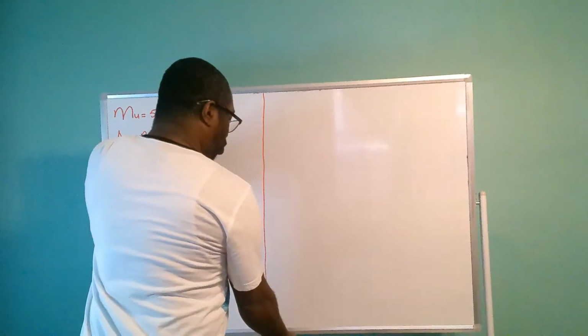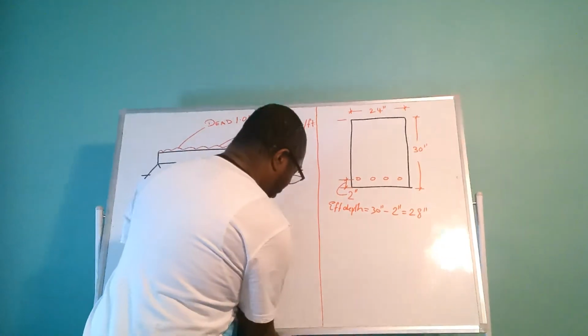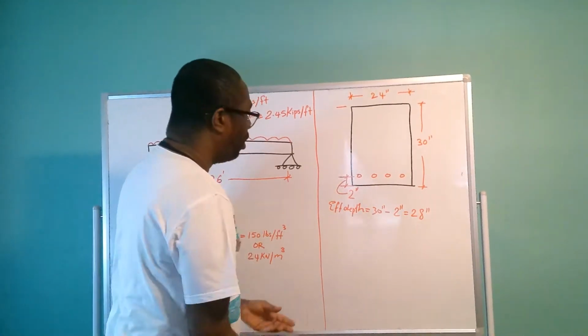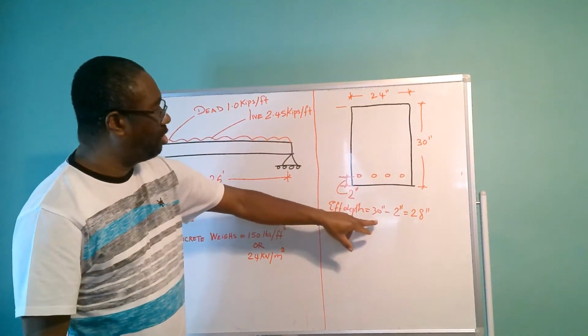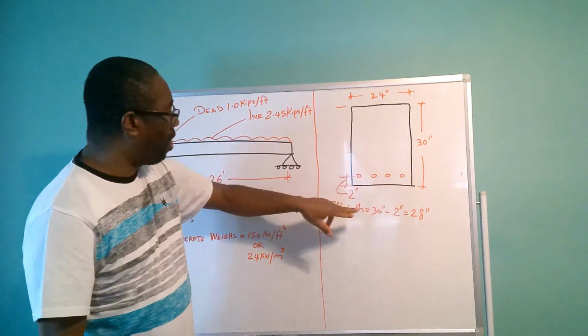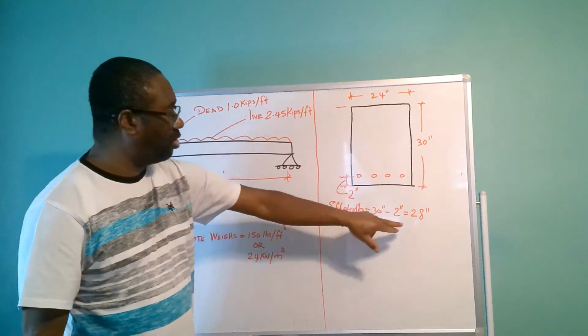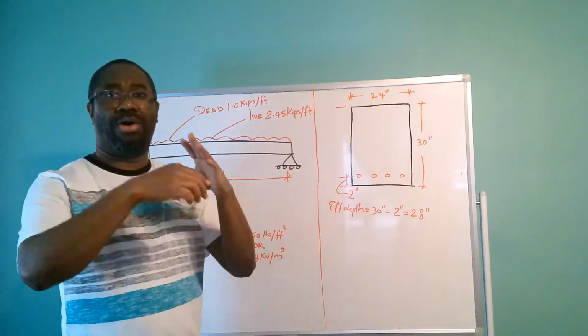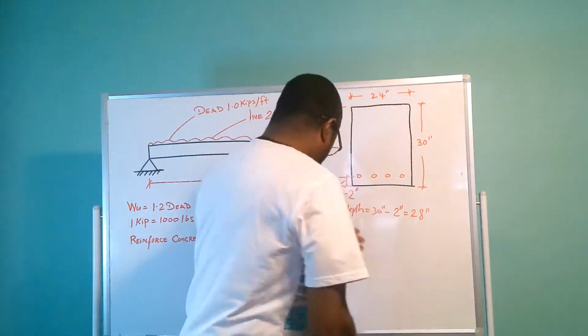So if we go back to our diagram here, the effective depth is going to be this 30 inches minus this 2 inches, which is 28 inches for our effective depth.